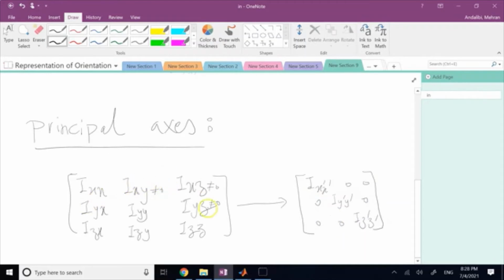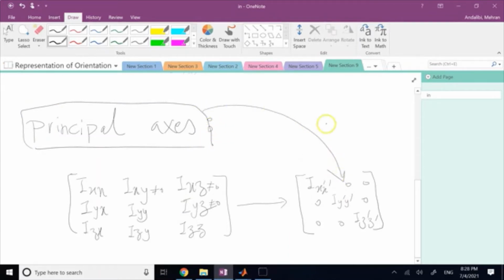So these prime frames were acquired by rotating the xyz by, in general, 3 angles. In 2D, just 1 angle, right? In statics, we only looked at the case of 2D, so we only found 1 angle. In general, you need 3 angles. This set of axes about which no product term exists, we call it what?